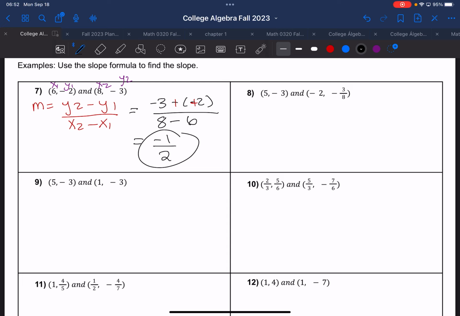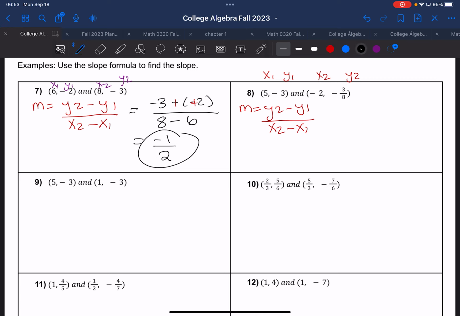Let's look at number 8. So again, I have my formula, y2 minus y1 over x2 minus x1. I'm going to label my points. My first point is always x1, y1, and my second point, x2, y2. We are dealing with a fraction in the second point, so that's going to give us an extra step in there.